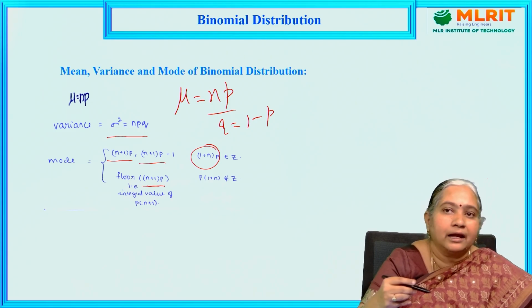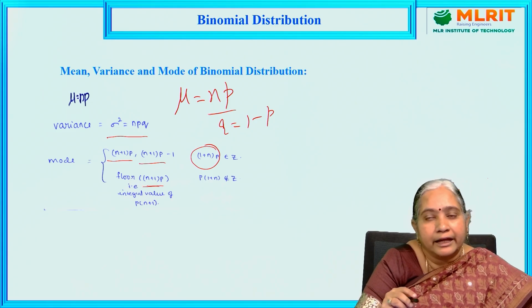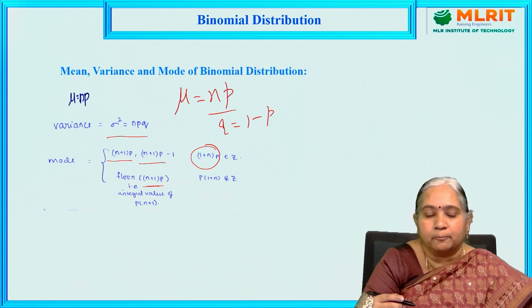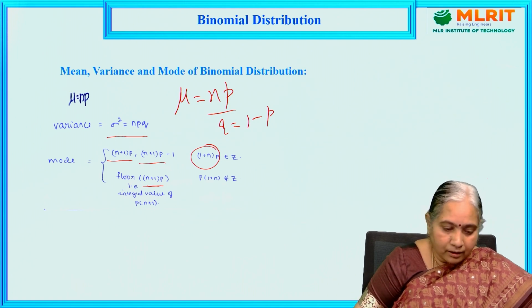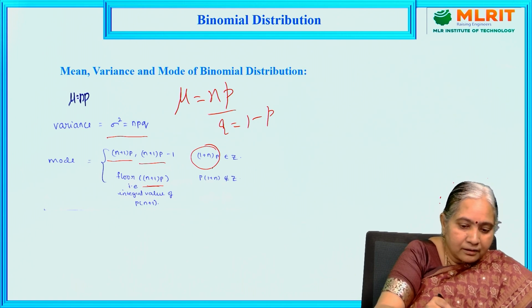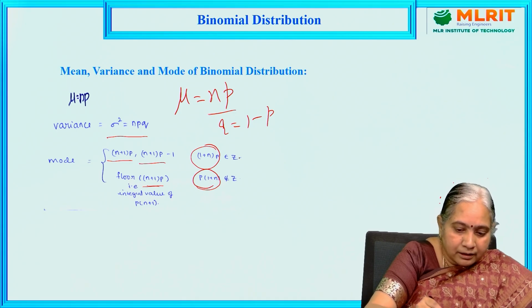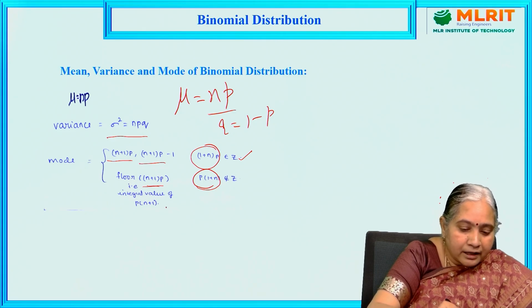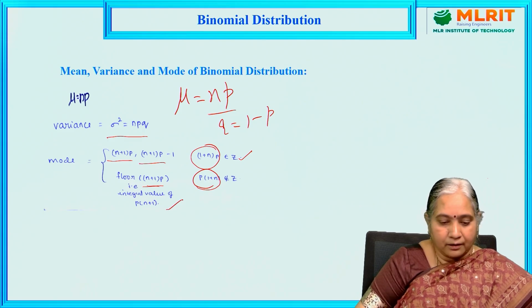That means only the integral part, we ignore the decimal part of that number. So this mode depends on the n plus 1 into p value. If it is an integer, it is bimodal. If it does not belong to z, then it takes only one mode.